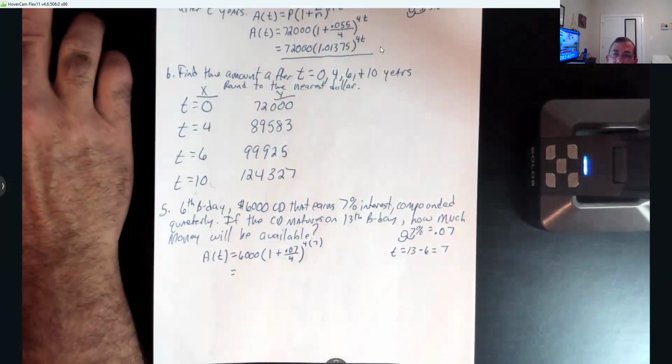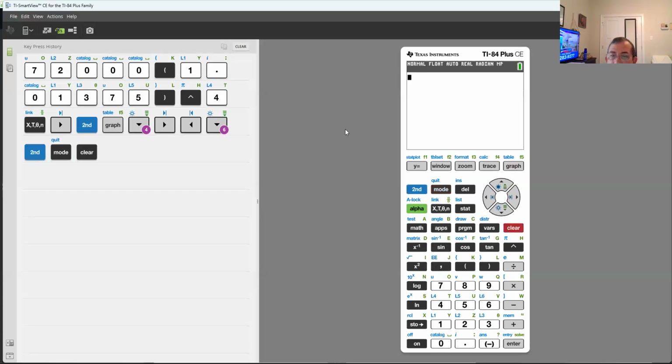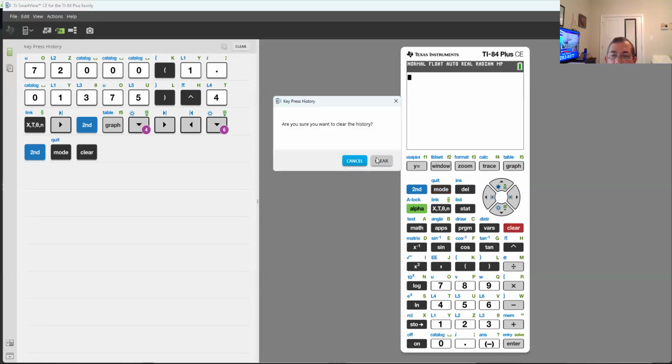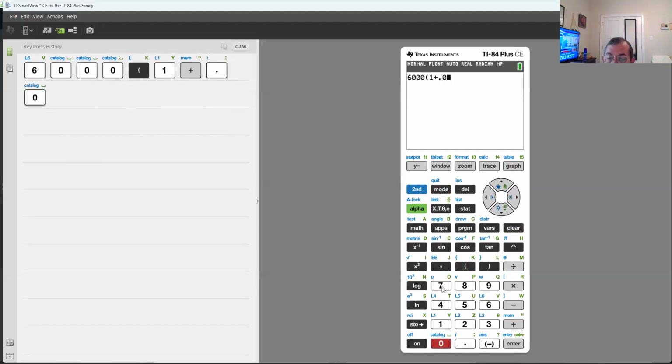All right, so I'm just going to go plug it in. Let me get on my home screen. We started with $6,000. Parentheses 1 plus 0.07 divided by 4, close parentheses, and then my exponent was 4 times 7.